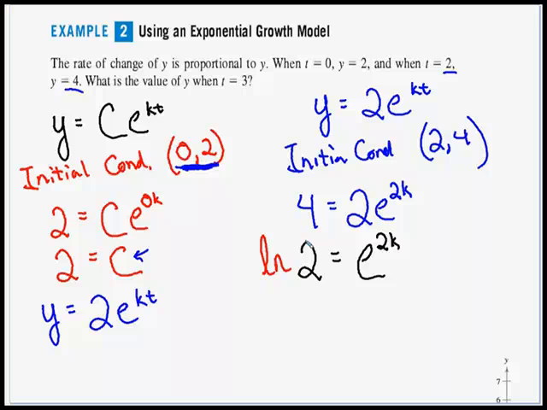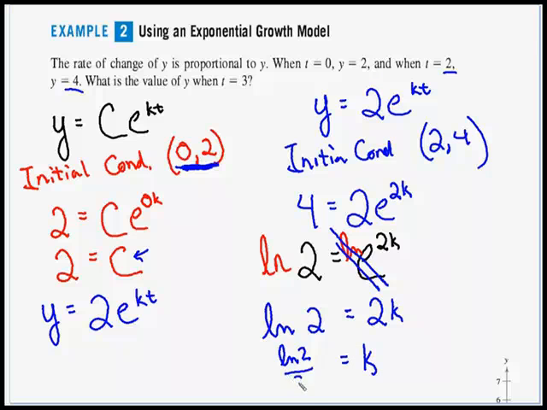I'm going to ln the 2, and ln this side, and the ln and base e cancel each other out. So now on the left is the natural log of 2 is equal to, this exponent drops down and becomes 2k. And so to solve for k, we would divide by 2. K equals the ln of 2 over 2, or half the natural log of 2.